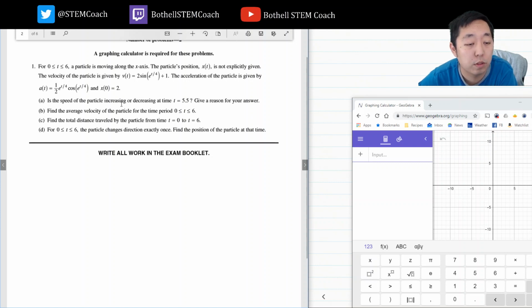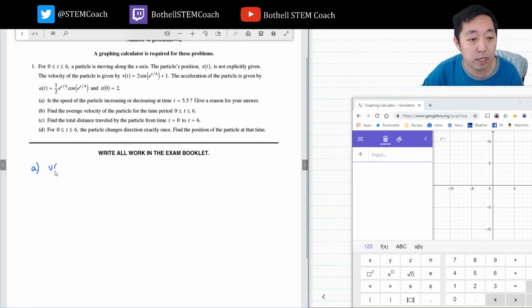Is the speed of the particle increasing or decreasing at time 5.5? Give a reason for your answer. Speed is the absolute value of velocity, and the way we usually look at this is if the acceleration and velocity are in the same direction, then it's speeding up. So let's look at the velocity.